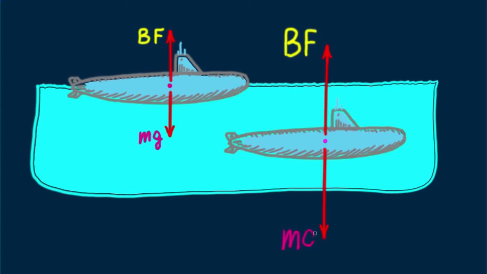In both cases, the buoyancy force is equal to the weight of the submarine, less when floating and greater when submerged. In summary, a submarine dives into water by opening its ballast tank to take in water. To float back to the surface, it empties the water by squeezing it out with compressed air.